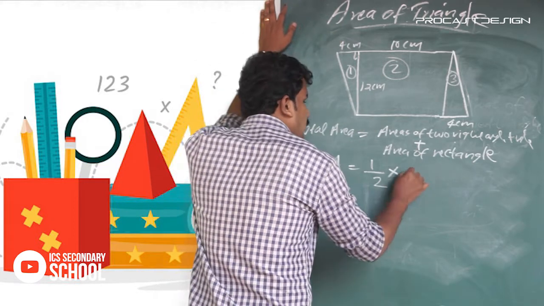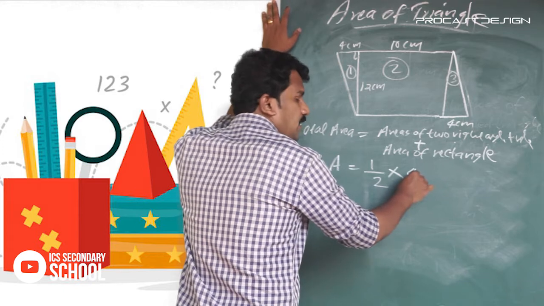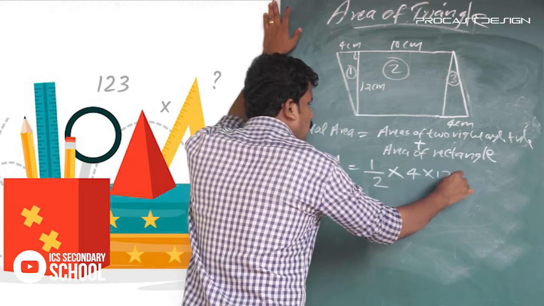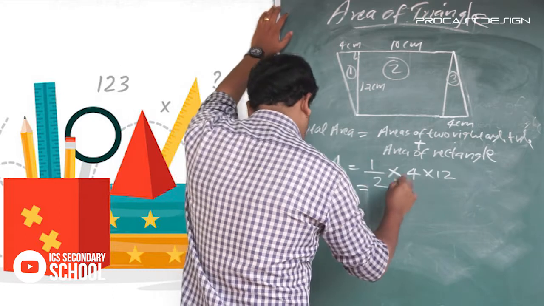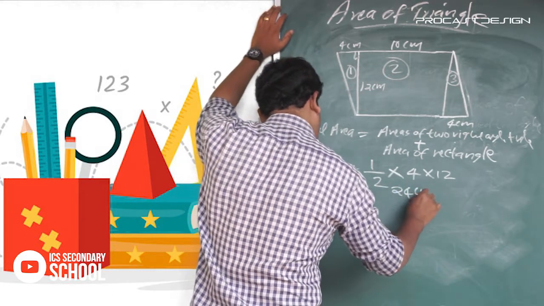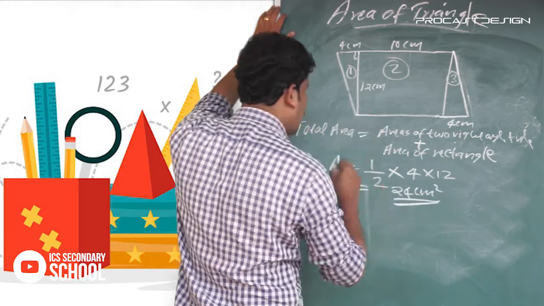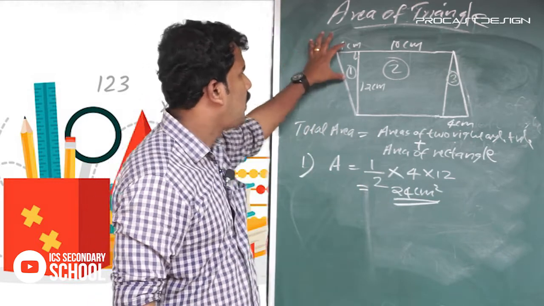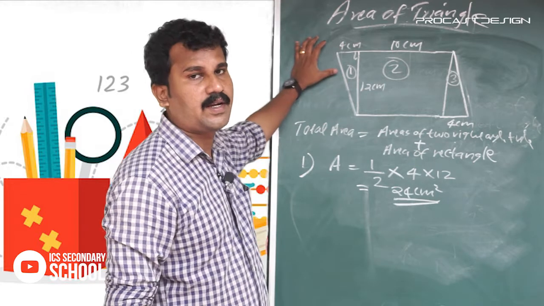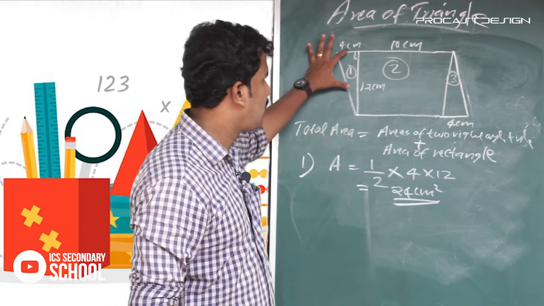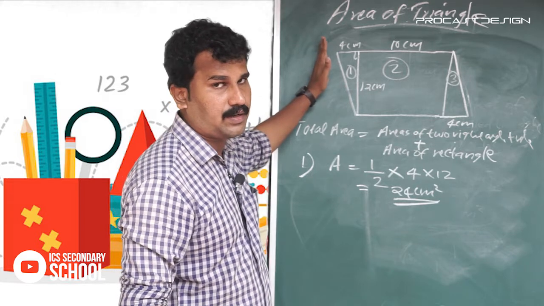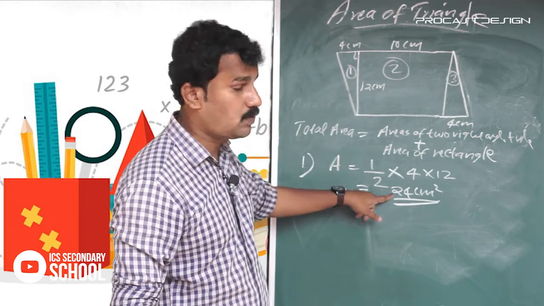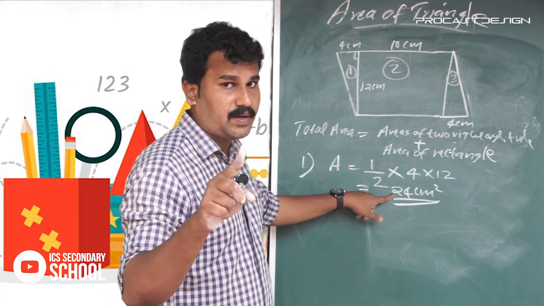That is half into 4 into 12, which is equal to 24 centimeter square. So for the first section, the area of the right angle triangle we got is 24 centimeter square.